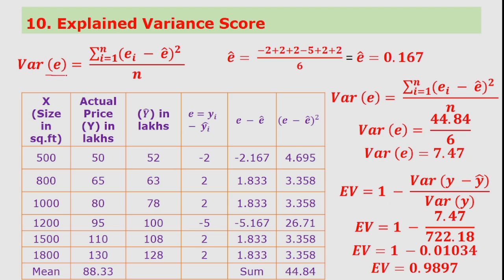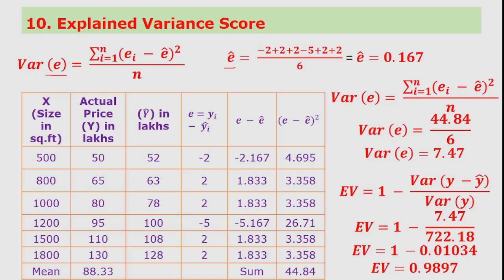For short, I have used y minus y hat as E, that is the error, so the variance of E is (ei minus e hat) the whole square divided by n. So how can you calculate the error? It is e minus e hat, where I am considering the mean.